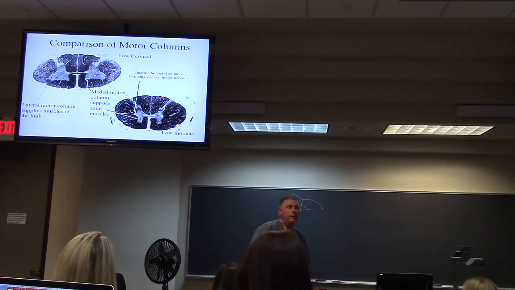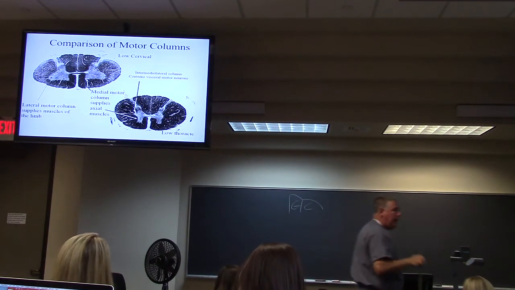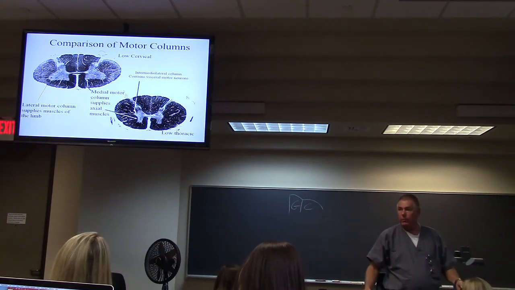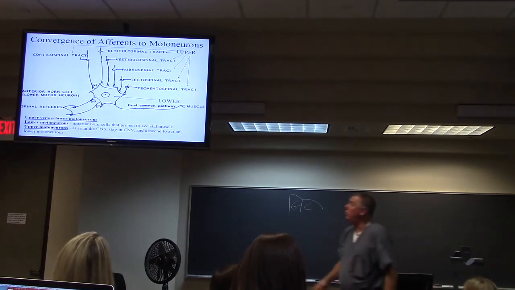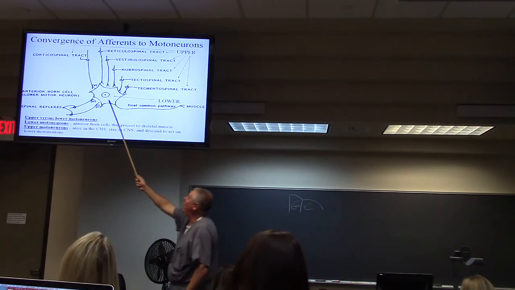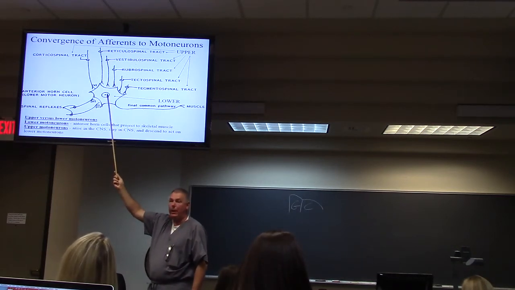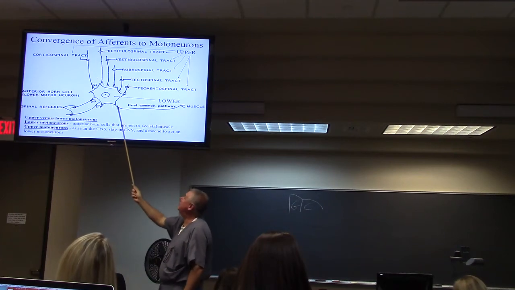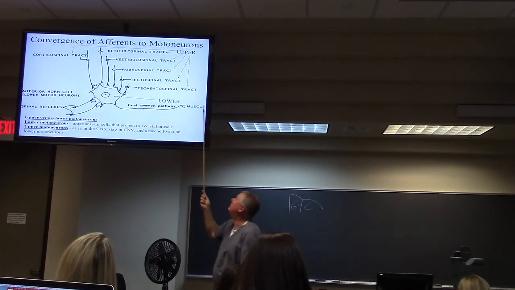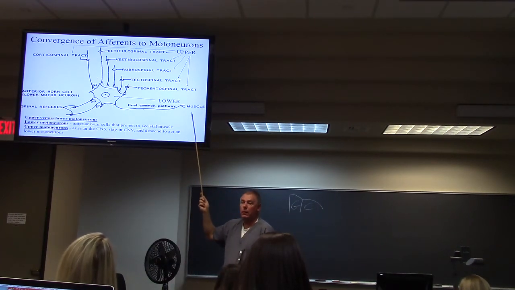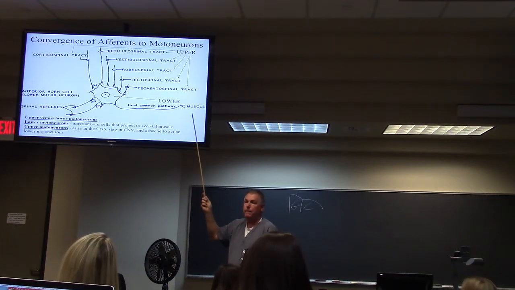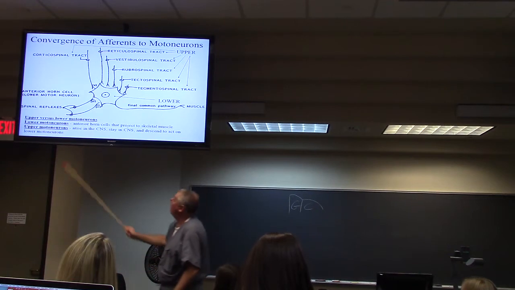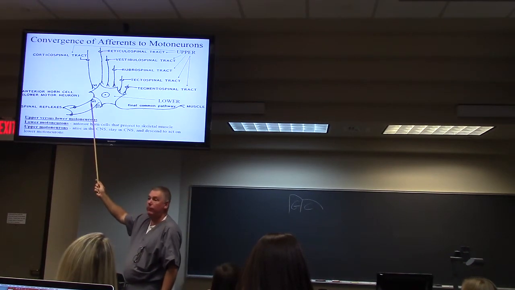All right, so if we talk about a motor neuron, as I said, muscles just don't contract. They have to be driven to contract. And this represents here an alpha motor neuron, a Rexed lamina 9 neuron. There's the axon going out to the muscle itself. When we talked about reflexes, here's facilitation for the flexors.